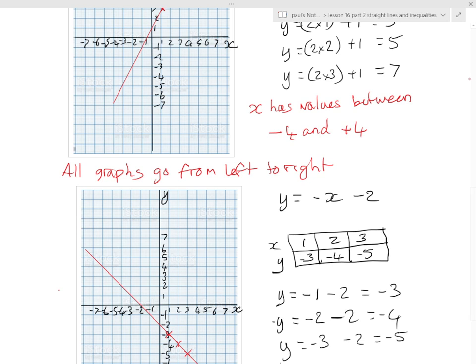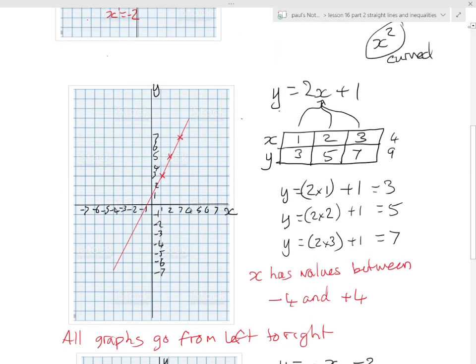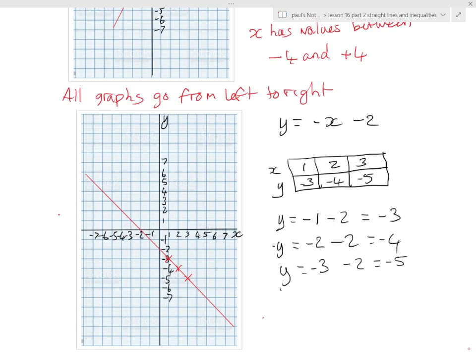Because it's going uphill, it's a positive graph, because we have a positive x. So when the x is positive, the line is said to go uphill. Now when the x is negative, the line is said to go downhill. So you can predict which way the graph is going to go just by the sign before the x.